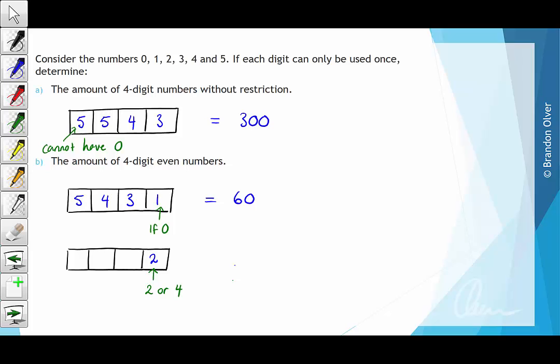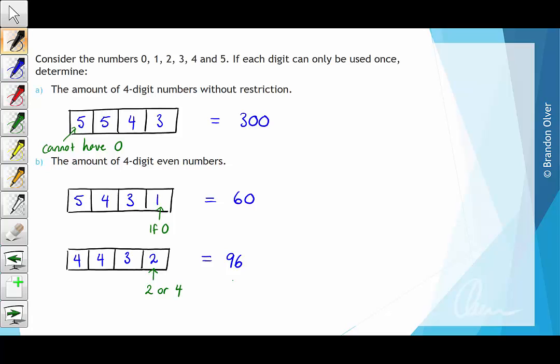So that means that there's 4 numbers left that can be in the first position. And then we've used up 2 numbers at this point. So we find that there are 4 numbers for the second position and 3 numbers left for that third position. So 4 times 4 times 3 times 2 is going to equal 96 numbers that are even if the last one is 2 or 4.